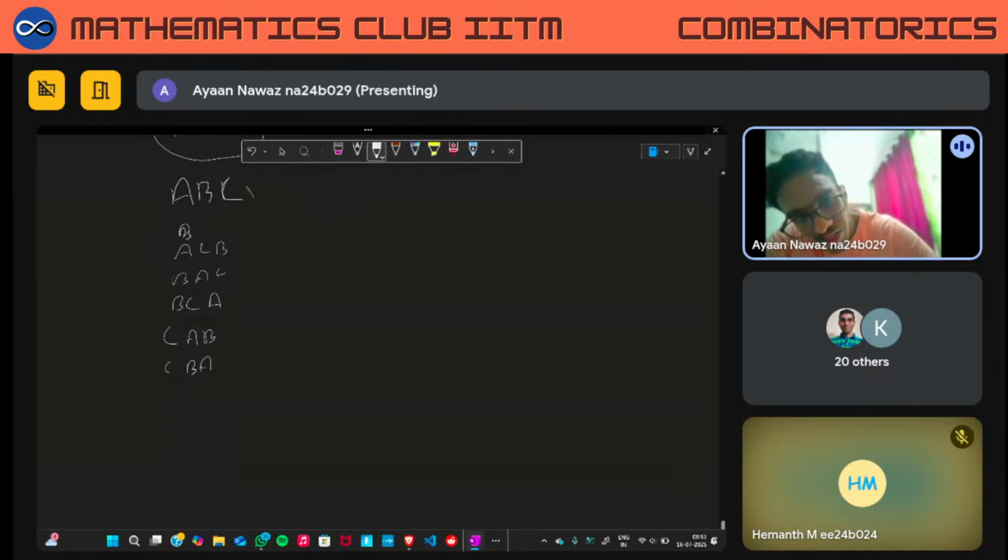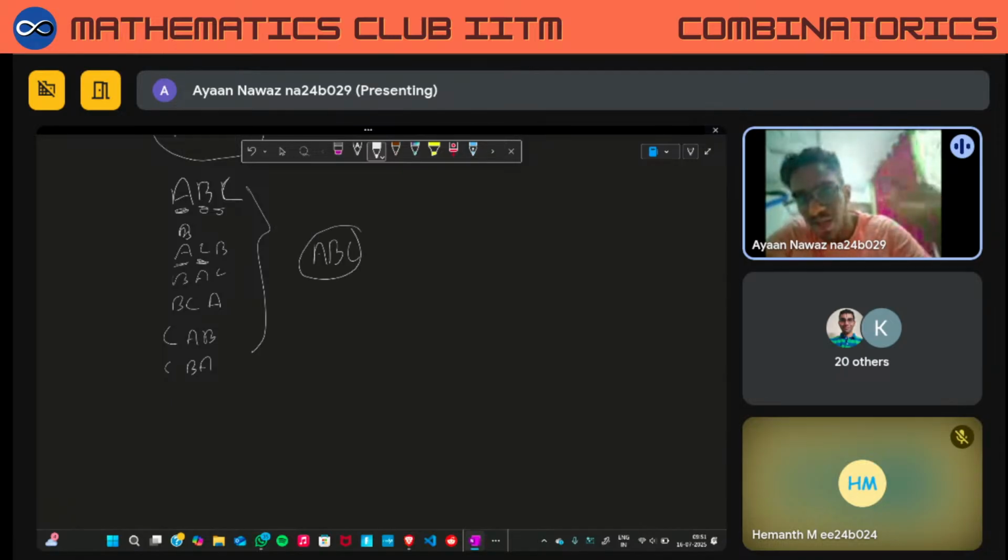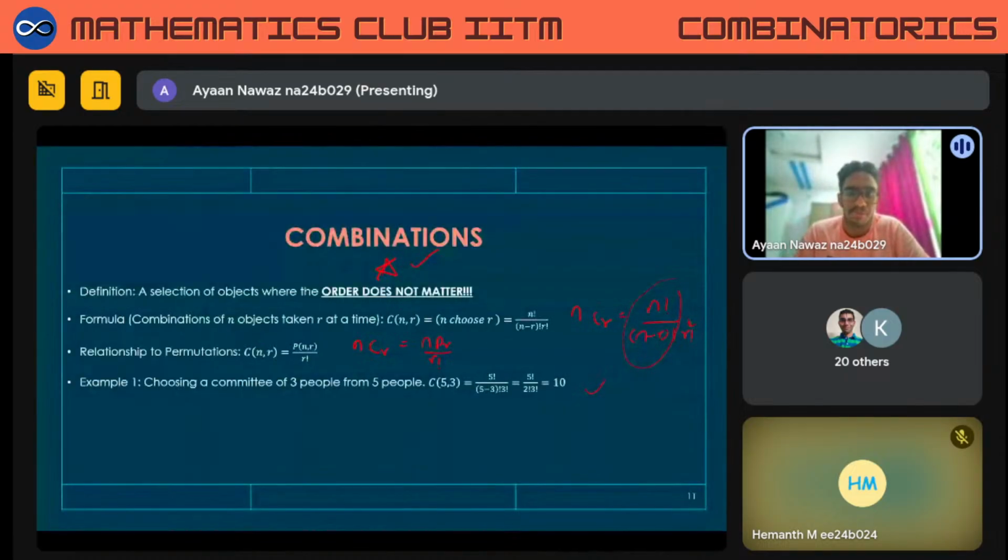These are all permutations of ABC. Here the order matters. So when A is first, B is second, C is third is one order. A first, C second is another order. But if I'm telling you to choose a combination, I just have to choose these three letters. That's all. It does not matter what order they are in inside. That is a combination of these three. Why it matters, you'll know.